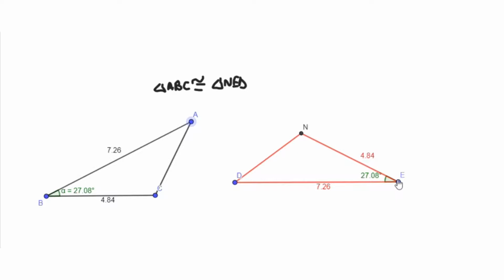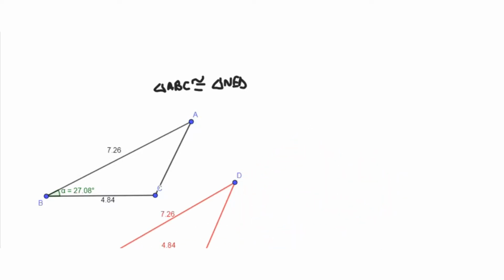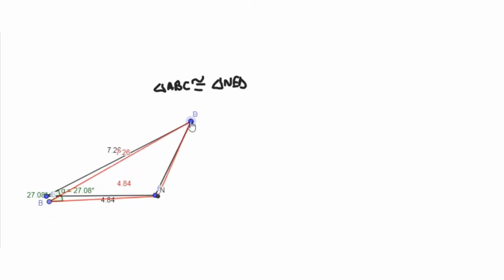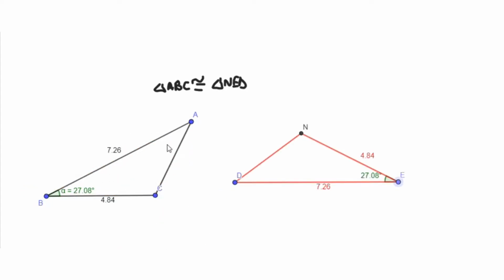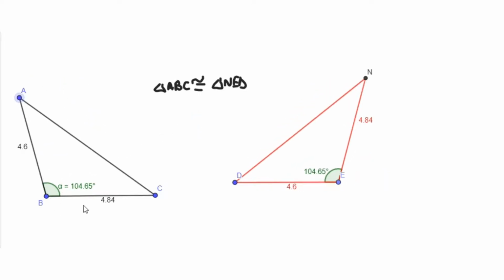Now let's try and rotate this and see if we can make any sense out of it. So yes, we change the triangle and then again it completely overlaps over the other. Let's take another condition, another triangle.